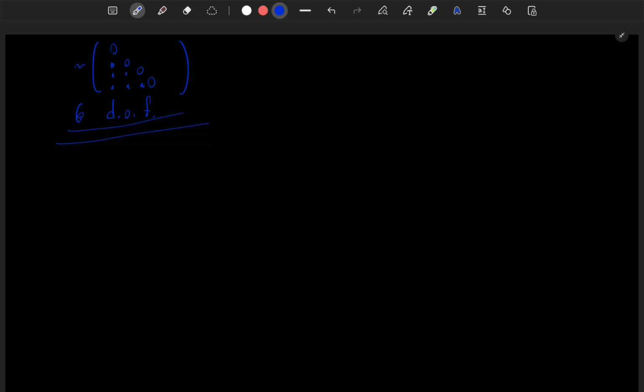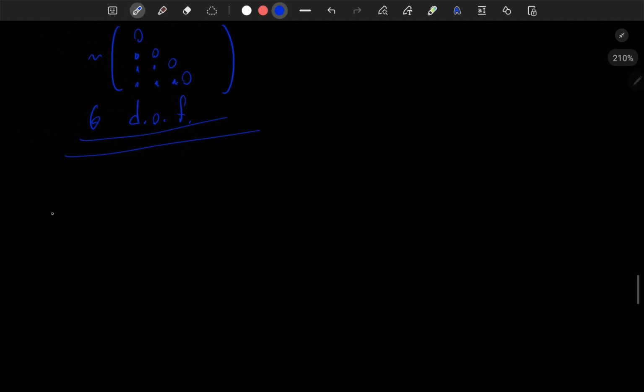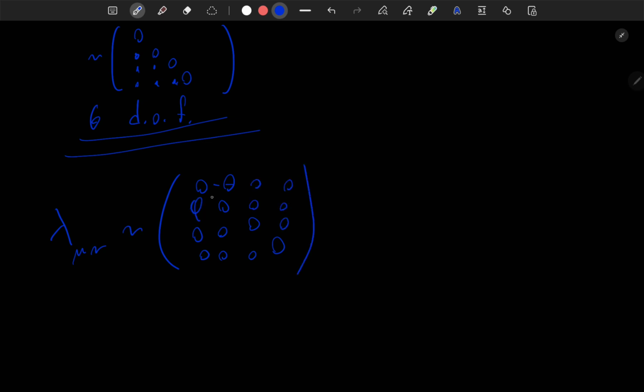Okay. Now we can physically investigate what those different components mean. For example, we could consider a matrix that looks sort of like zeros there, a component there, a negative there, then zeros everywhere else. I'll call it phi.